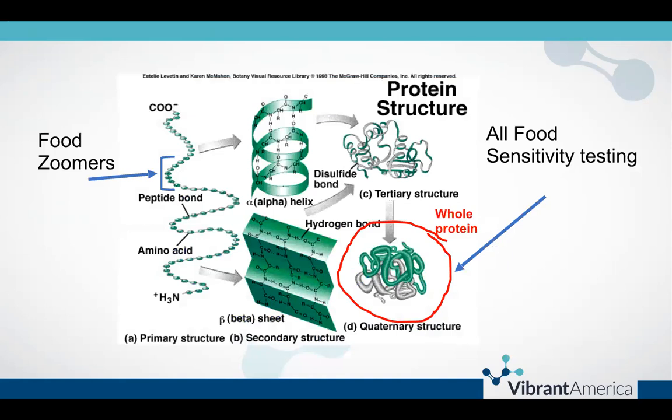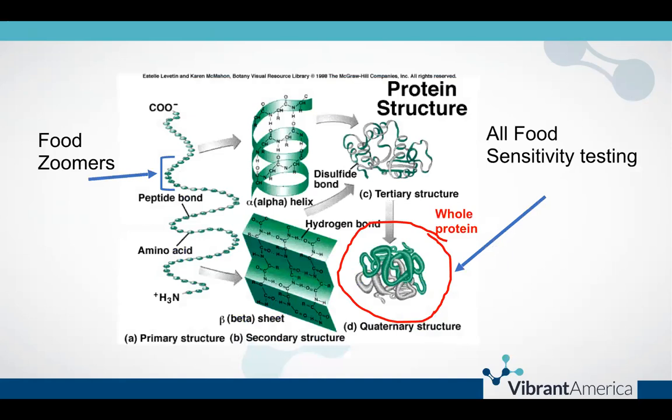Now, where we are testing with the peptide level food zoomers is over here on the left. We have taken this big, large quaternary structure, whole protein, flattened it all out, sequenced the entire proteome of it so that we have essentially what's over here on the left side.